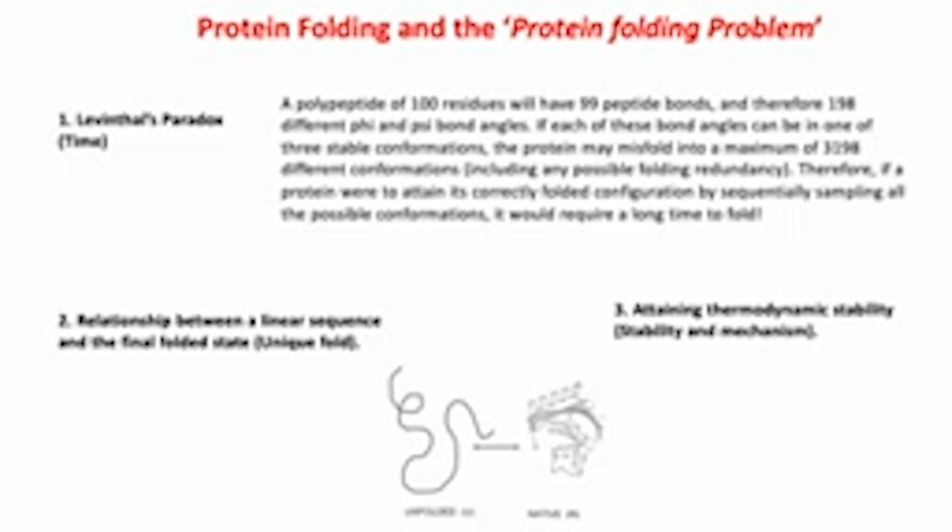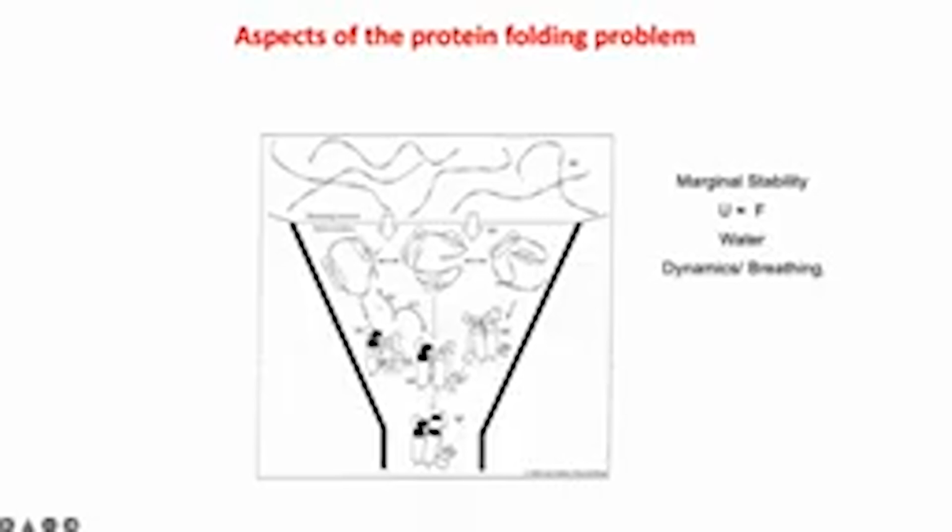And the third part of the protein folding problem is this whole idea that proteins are weakly stable. Any small push on the wrong side can force them into going to the unfolded state. And going to the unfolded state is a disaster, because the unfolded state is not a functional state.